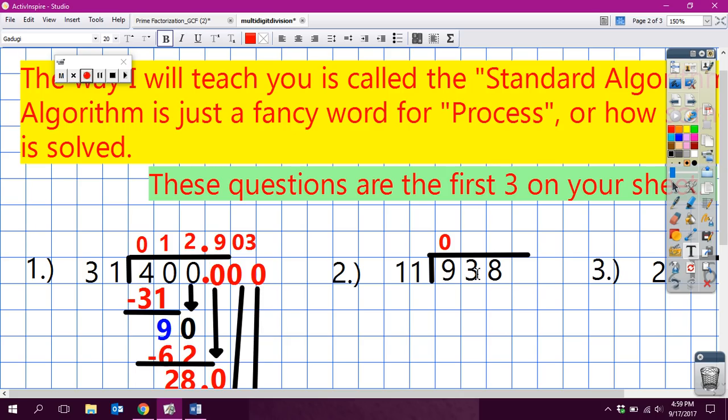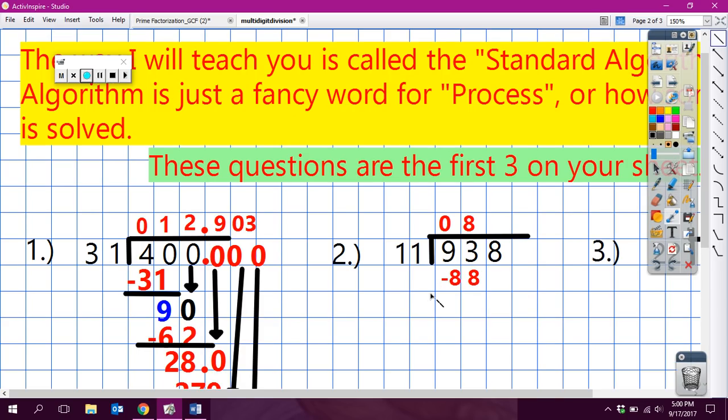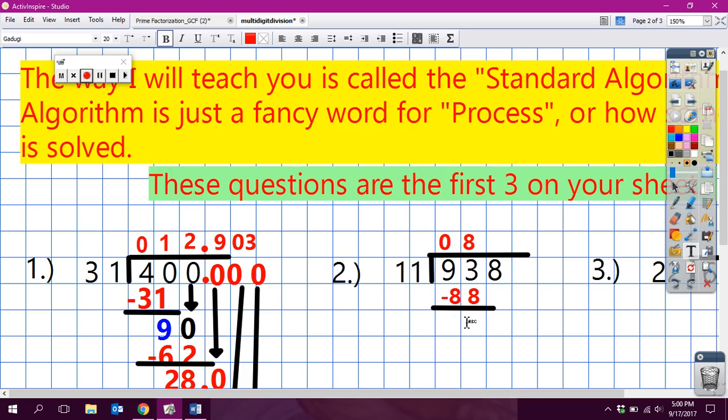I know 9 times 11 is 99, but that's too much. So I'm going to have to use an 8 in this case. So 8 times 11 is 88, which means I need to subtract 88 from this lovely 93. And 93 take away 88 is going to leave me with a 5. So right now I've got a 5.